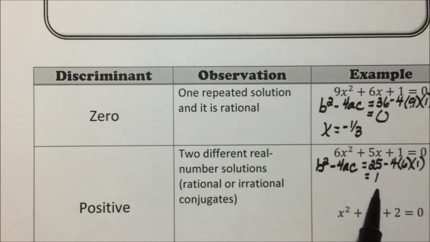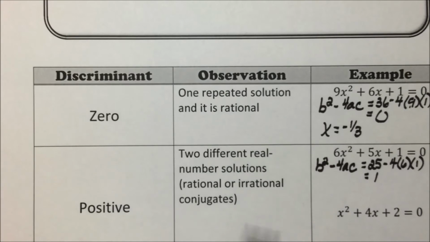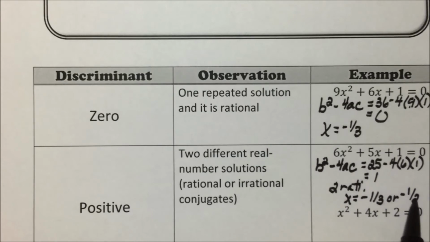Taking the square root of 1 is 1. It's a perfect square, and so that means we'll end up with two rational roots here. And if we wanted to go further, the actual solution to this equation is x is equal to a negative 1/3 or a negative 1/2.